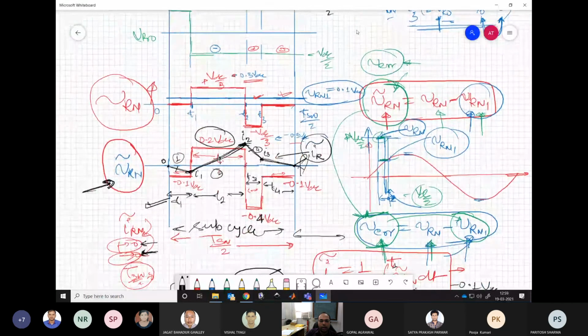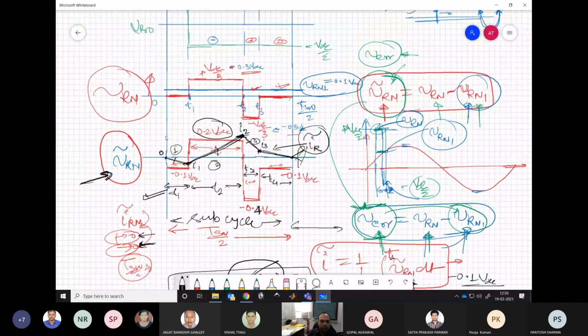Whatever pole voltage you are applying, but the ripple, if you shift this value here to some other level, then everything will change, isn't it? So it is heavily dependent on our VRN1.